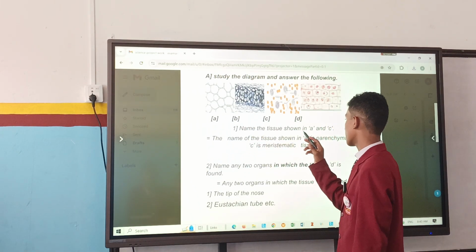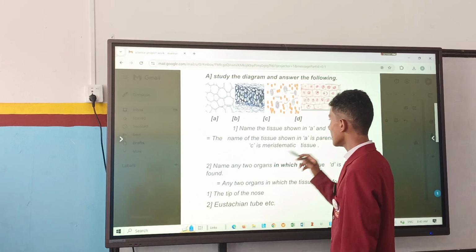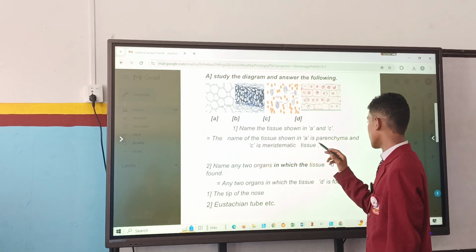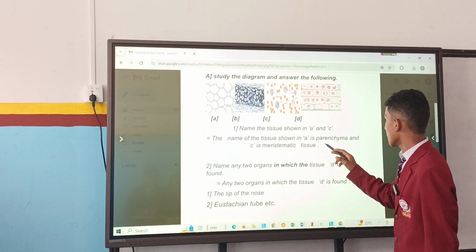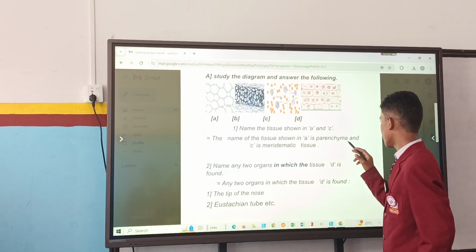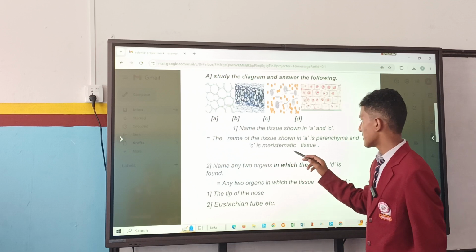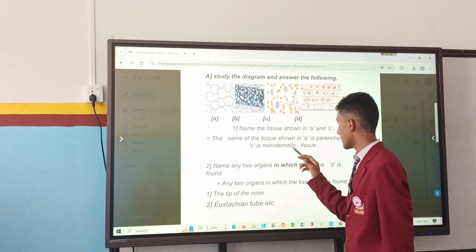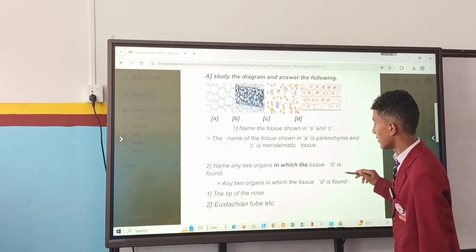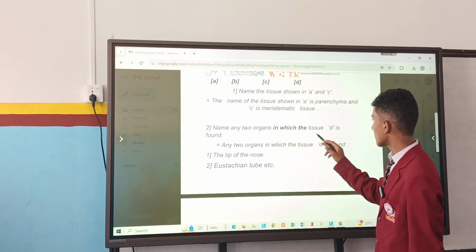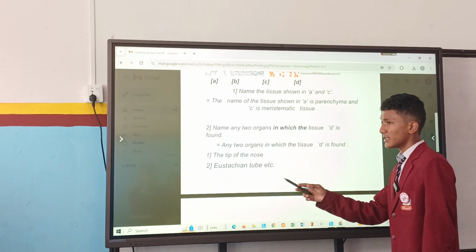Name the tissue shown in A and C. The name of the tissue shown in A is parenchyma and C is meristematic tissue. Name any two organs in which the tissue D is found.